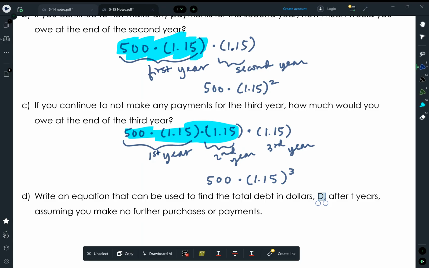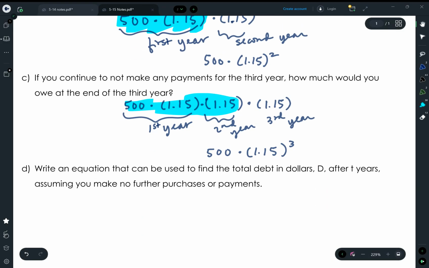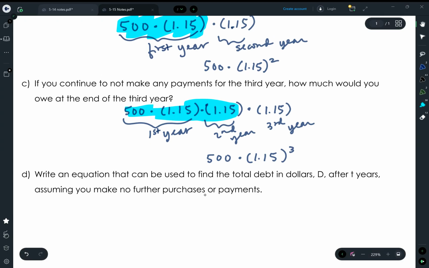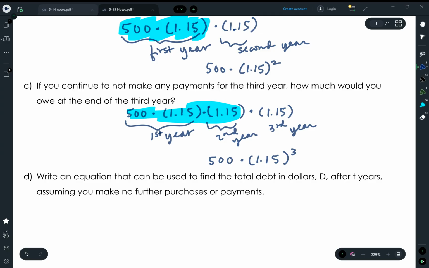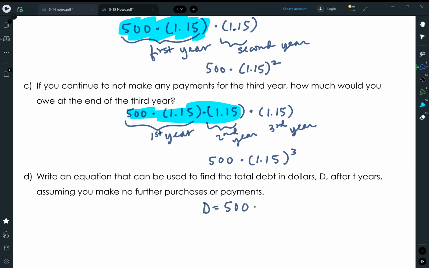So now we're going to write an equation for our total debt D after T years if we make no payments. So D would equal 500 times 1.15 to the T power, for T years.